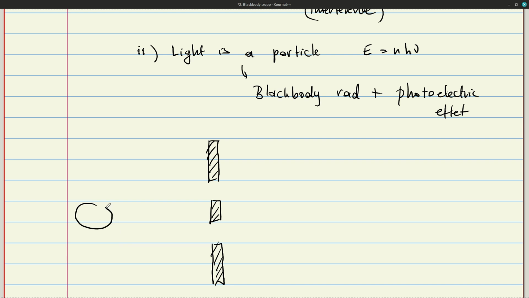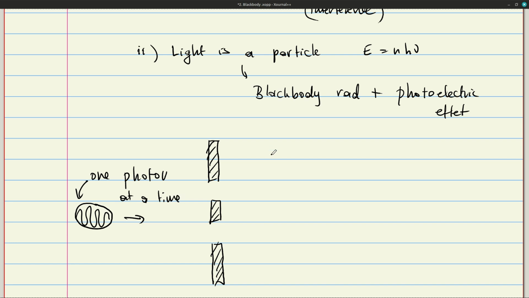Suppose we put that particle and there's only one particle, right? Today, technology enables us to create a photon source, which is created one at a time. So you can go and buy these fancy instruments which shoot one photon at a time, right? There's only one photon at a time.